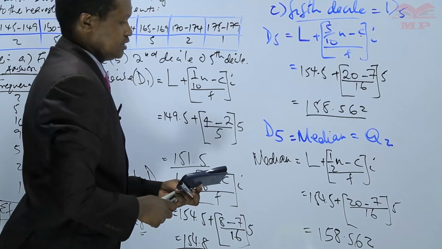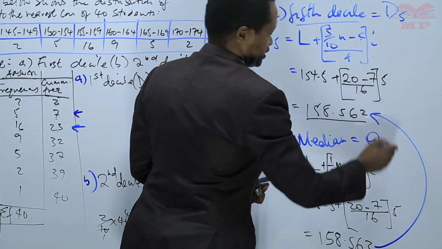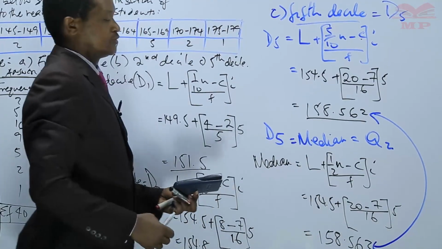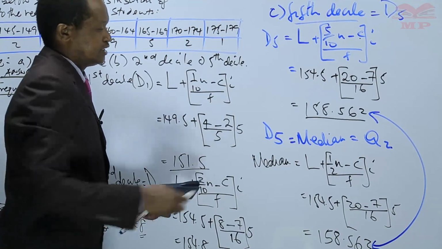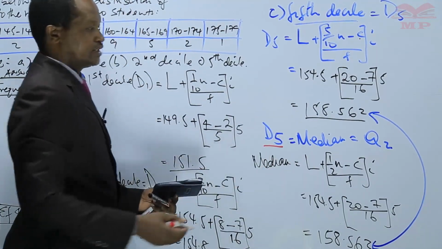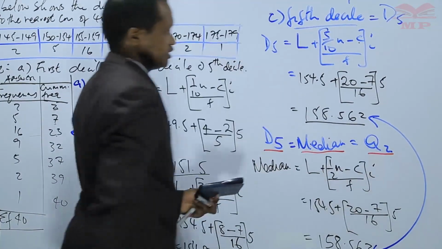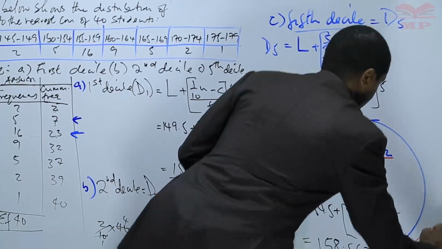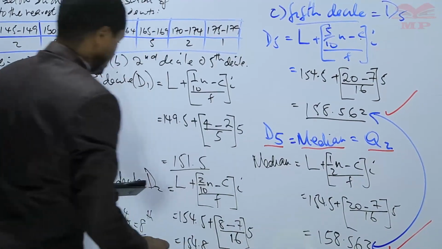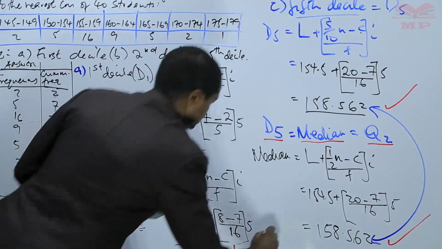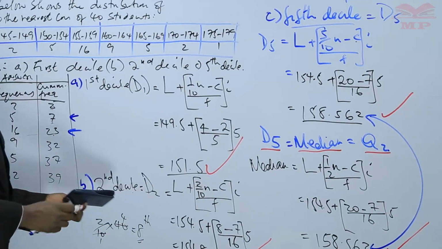Learners can see this value is the same as that value. That's why I said the fifth decile is equal to the median, which is equal to the second quartile. So this is correct.